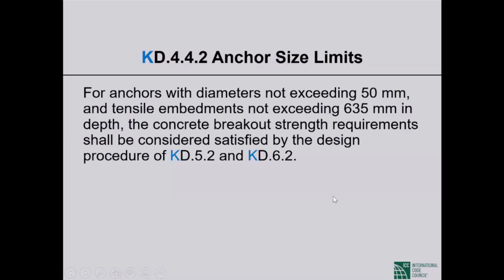The concrete breakout strength expressions that I showed you in tension and in shear are good only as long as your anchor diameter does not exceed 50 millimeters and as long as tensile embedment depth does not exceed 635 millimeters. Keep that in mind.